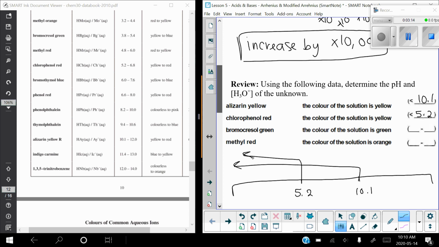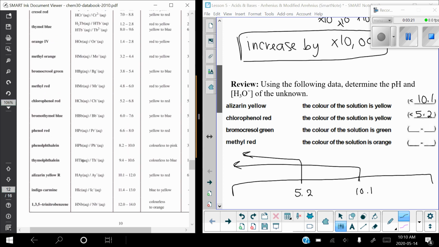Bromocresol green, the solution turns green. So we find bromocresol green, and it turns green. That means it's in between 3.8 and 5.4. So I'm going to find 3.8 and 5.4. So when it's in between, we close the box.